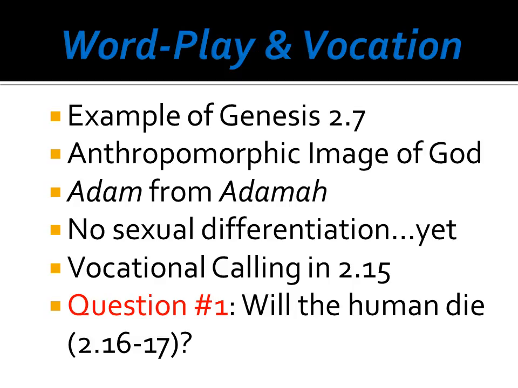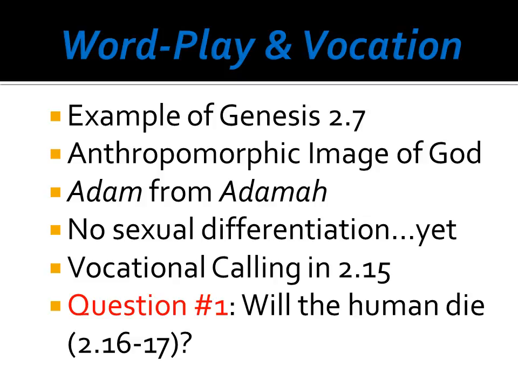One of the most obvious literary features of Genesis 2 to 3 is the wordplay which is evident in Hebrew. For example, in Genesis chapter 2, verse 7, we hear of the creation of the first human. Note here that the Lord God forms this creature, quote, from the dust of the ground, end quote, and, quote unquote, breathed into this creature's, quote, nostrils the breath of life, end quote.